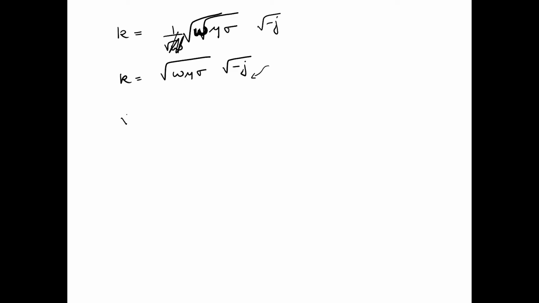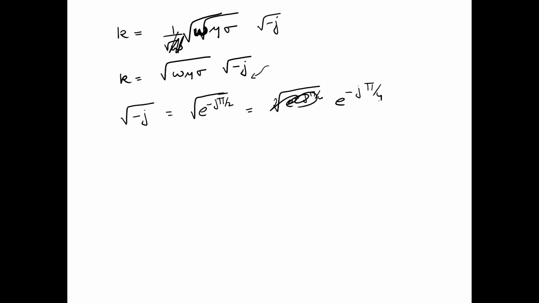Again, we are ingenious, so let's use phasors. I can write minus j as e to the minus j pi by 2. So the square root just becomes e to the minus j pi by 4.